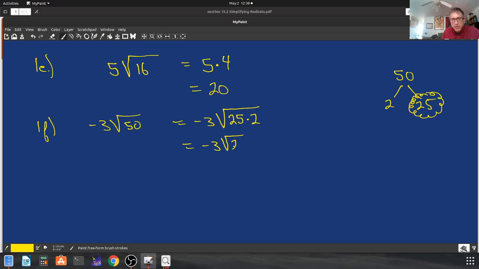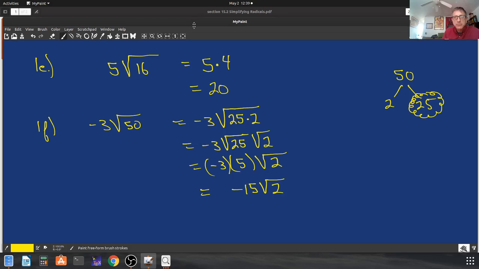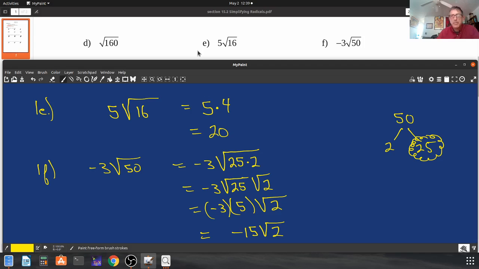Using the product rule now, times the square root of 25 times the square root of 2. So this is minus 3. The square root of 25 is 5. And the square root of 2 clearly cannot be simplified because 2 is prime, and it's just 2 raised to the first power. So minus 3 times 5 is minus 15 times the square root of 2. Now let's go to quotient rule.